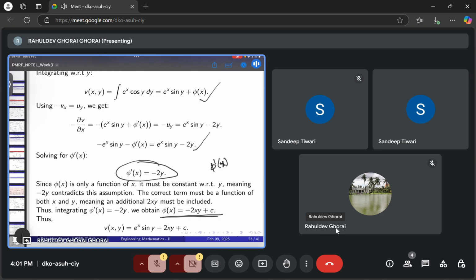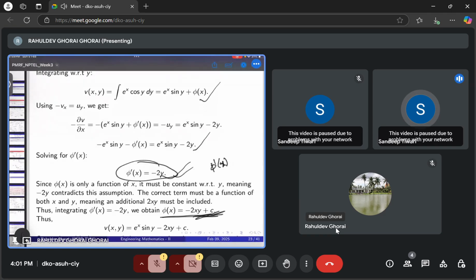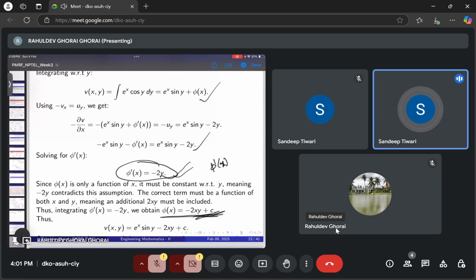I thought it is a correct way. It should not be a correct way because phi here, assuming it is a function with respect to only x, is constant with respect to y. The phi x is not representing the partial derivative with respect to x, sir.